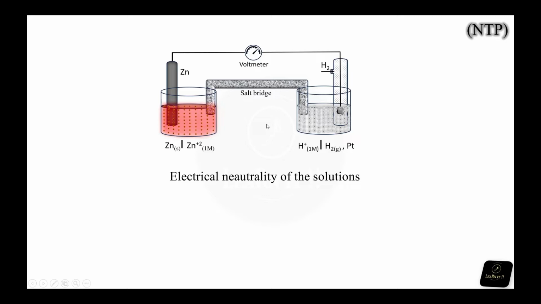So we will see the working of the cell. Here we know that zinc will undergo oxidation at NTP, but hydrogen acts as neither anode nor cathode. But in this case, when zinc is acting as an anode and producing electrons, these electrons travel through this wire, enter the platinum wire and sit on the platinum plate.